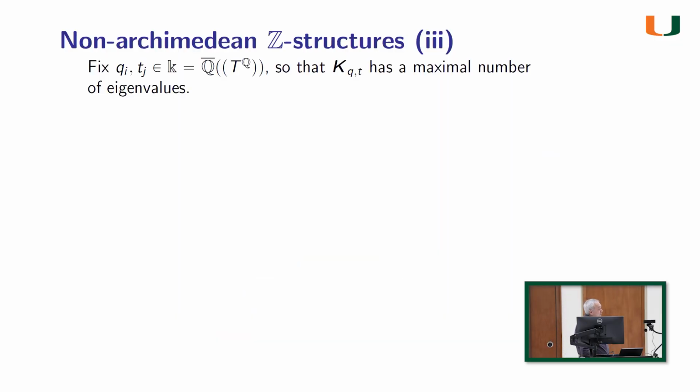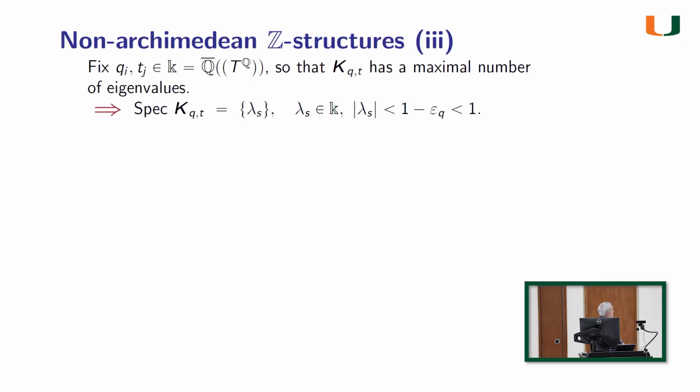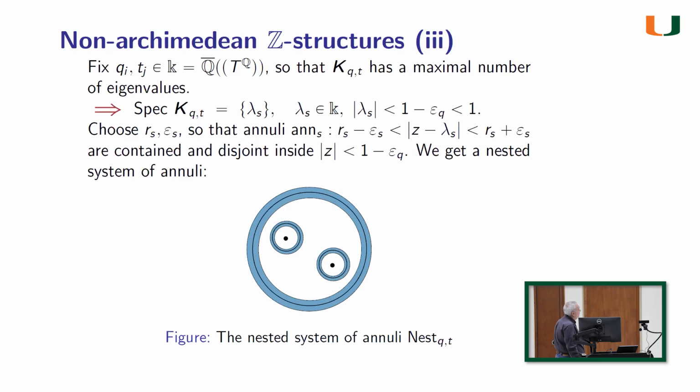Now choose a point with coordinates Q_i, T_j, so that the Euler vector field has a maximal number of eigenvalues at that point. So they're, as I said, away from these annuli, so they're less than 1 minus epsilon in Q norm.